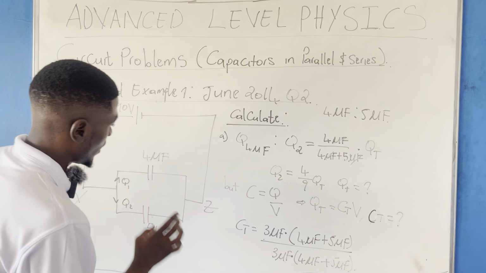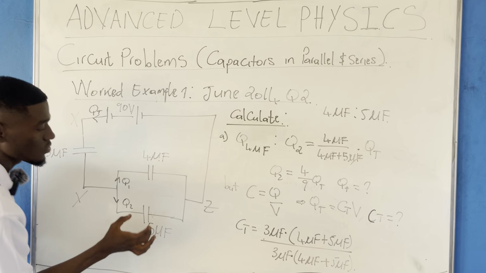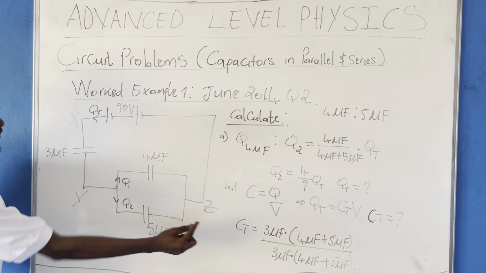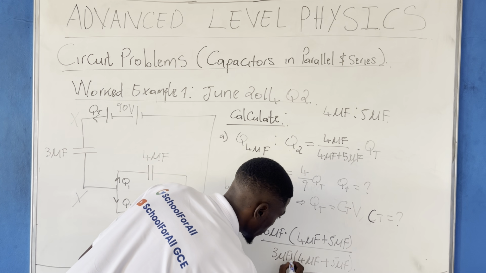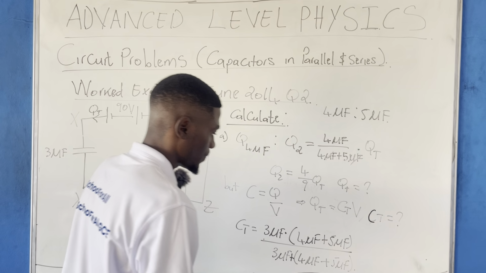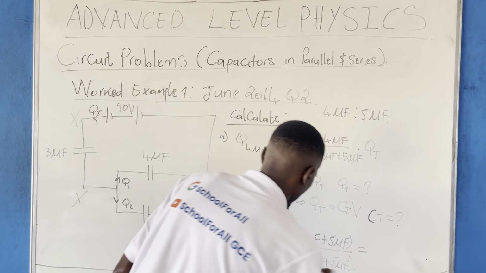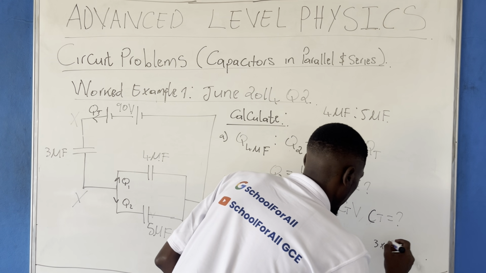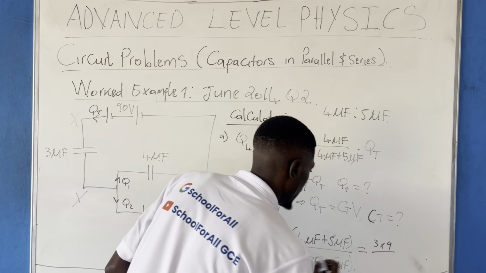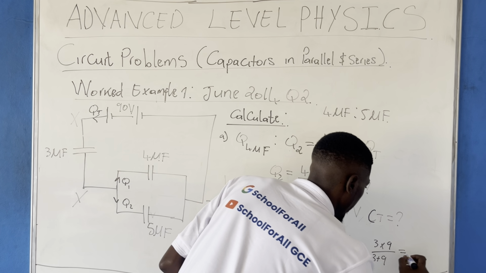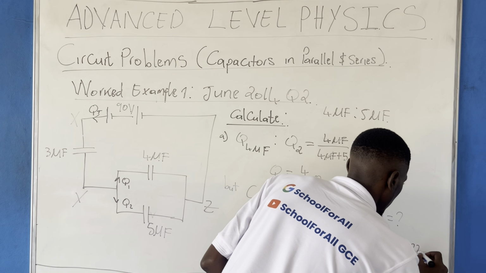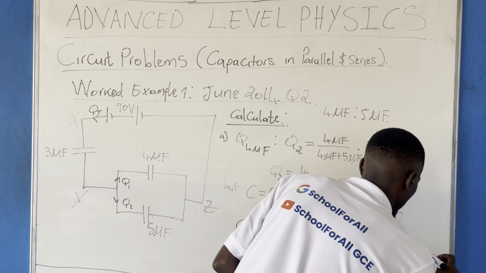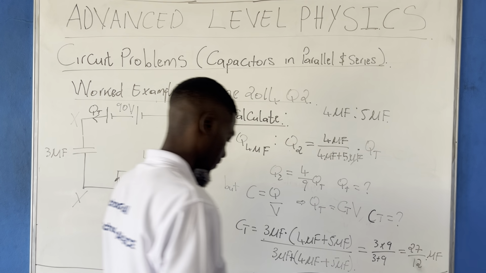You understand what I'm doing? These two are in parallel, therefore I sum them to find the equivalent. Then the equivalent is in series with this one, therefore we put product all over sum. So I will have 3 times 9, which is 27, all over 3 plus 9, which is 12, microfarads.